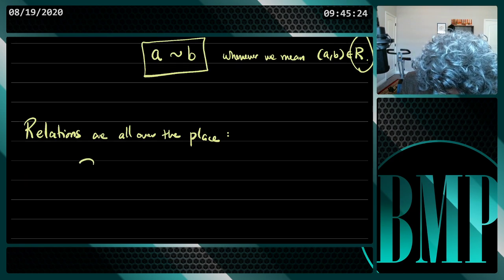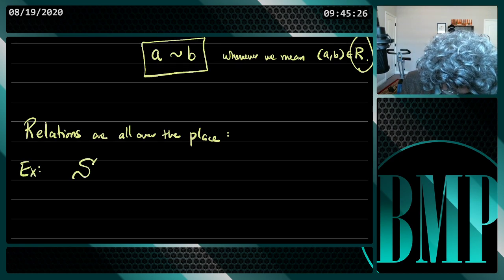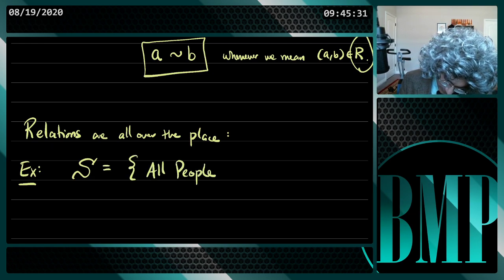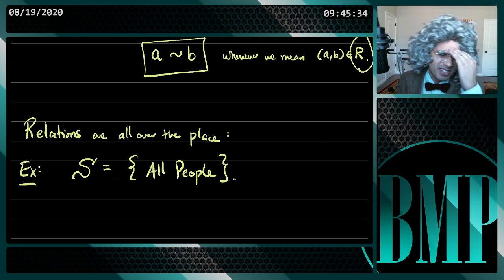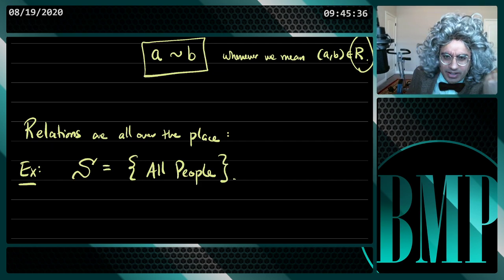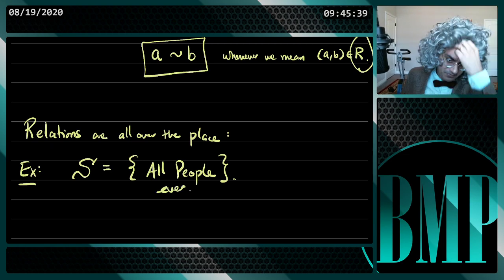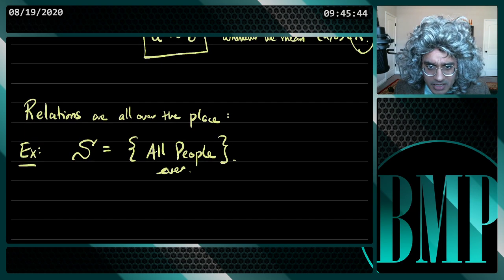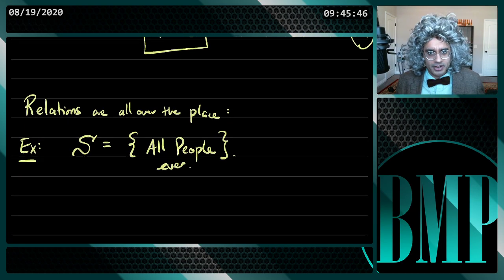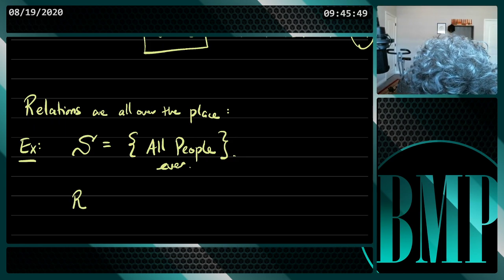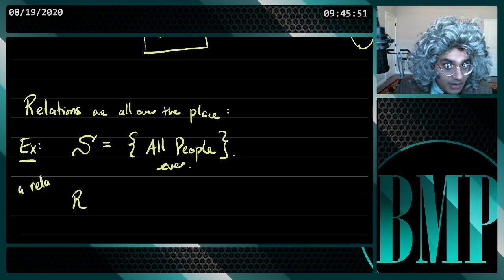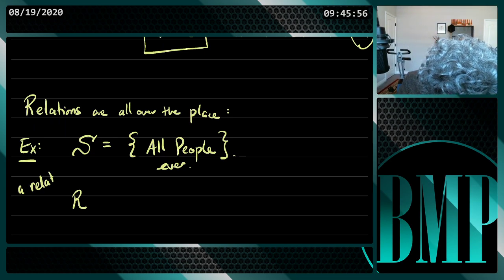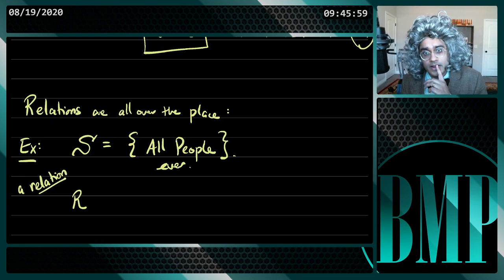Okay, so here's our set S. Here's an example. S is the set of all people. Wow. Okay, what do you mean? All people ever? Yeah, whatever. Just ever. Fine. Okay. S is the set of all people, and now I'm going to define for you a subset of the product. Here's a relation. I'm not saying it's an equivalence relation, I'm just saying it's a subset.